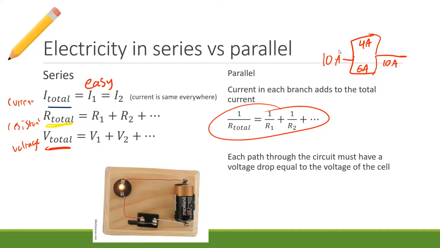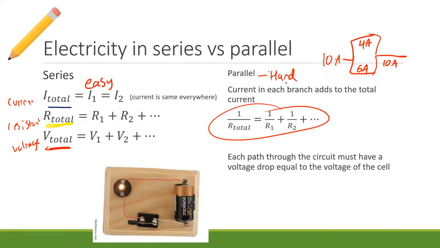As I explore how different circuits work, we're always going to start with series circuits and then finish on parallel circuits, just because they're a little bit harder. But ultimately, they both follow the same rules.